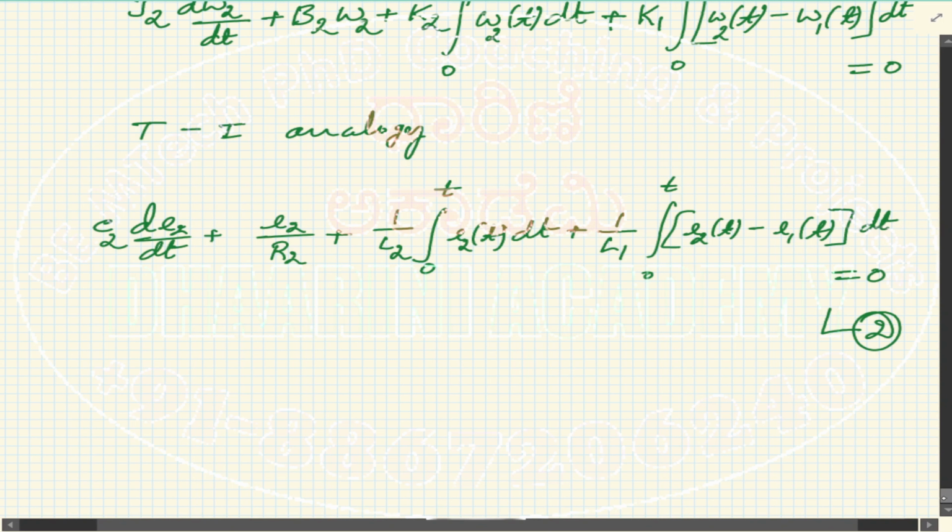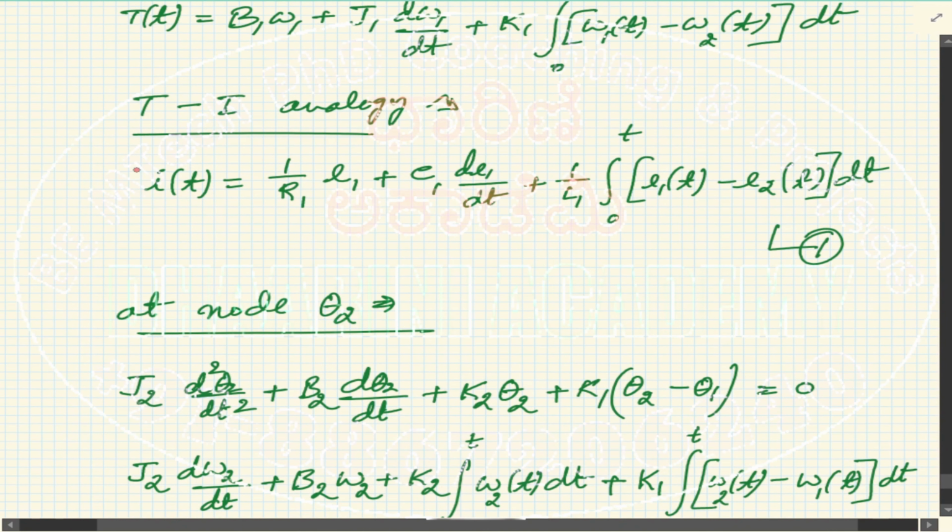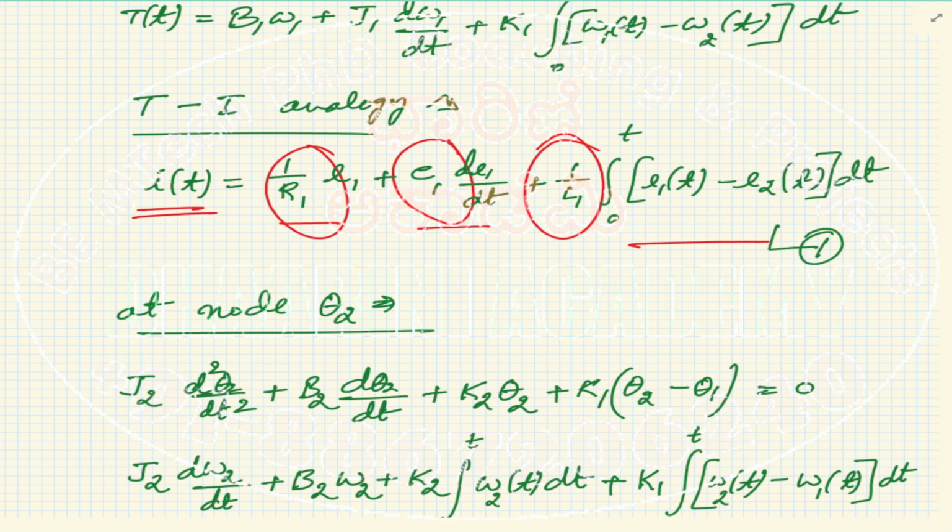When you apply an input current to a node, current gets divided only in the parallel branches. In equation number 1, you can see that the input is a current. So this current should pass through these three branches, is the meaning, right? One branch has resistance, one branch has capacitance, the third branch, which is between the two nodes, will have inductance.